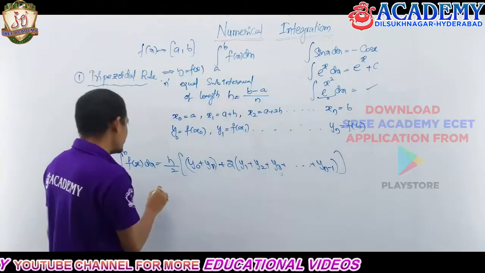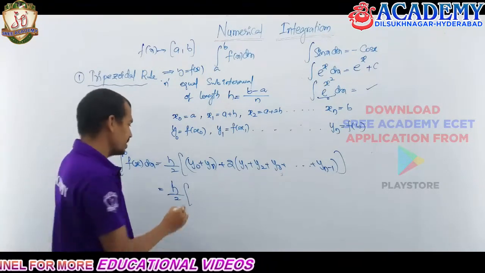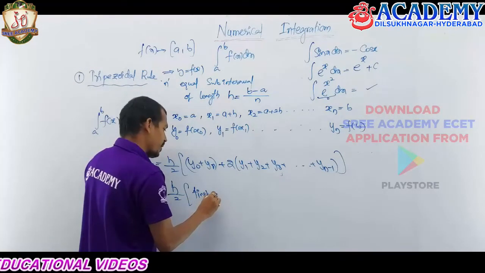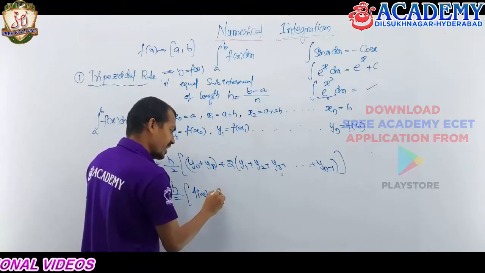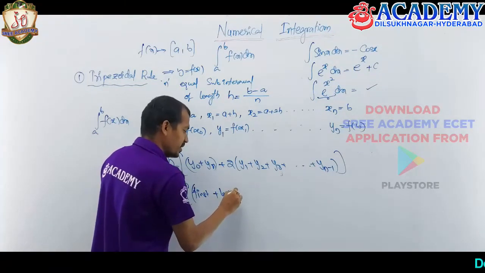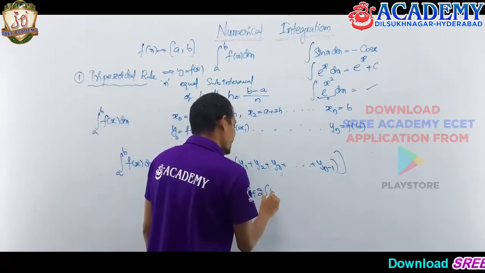We can say it in words so it is easy to remember: the sum of the first and last values, and 2 into all the remaining.